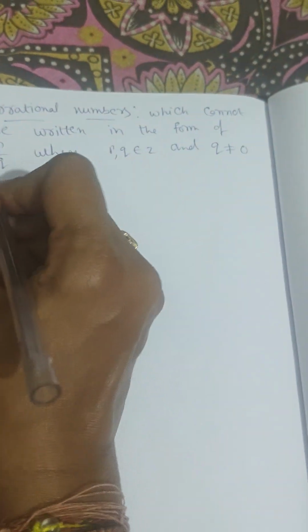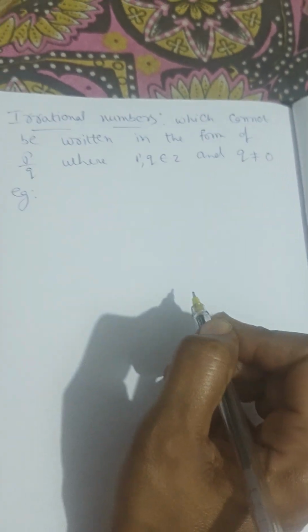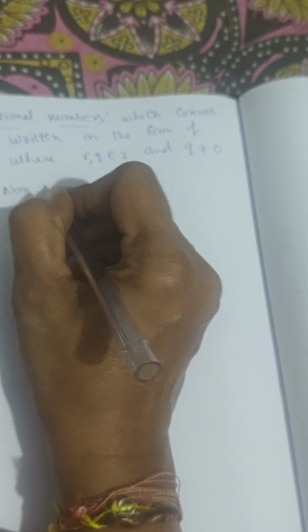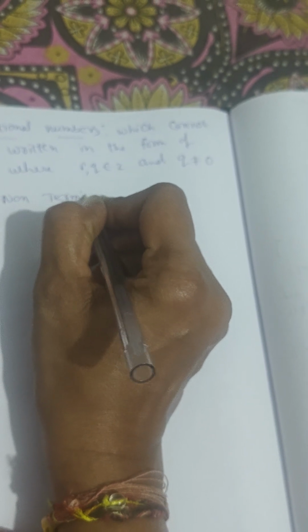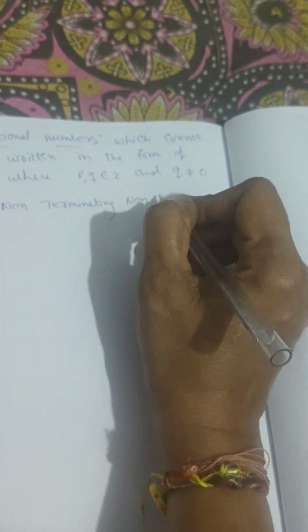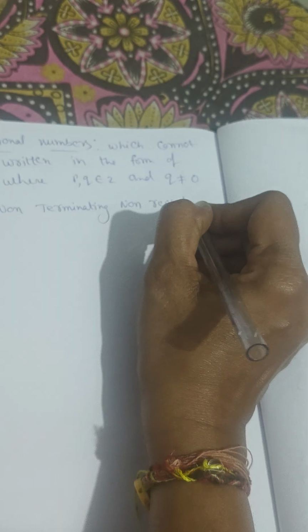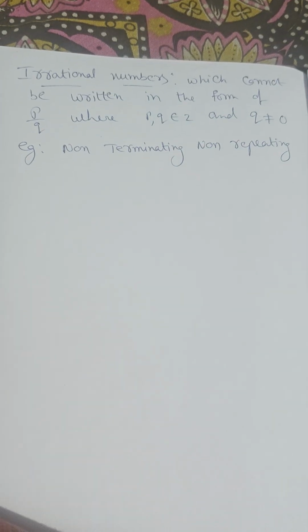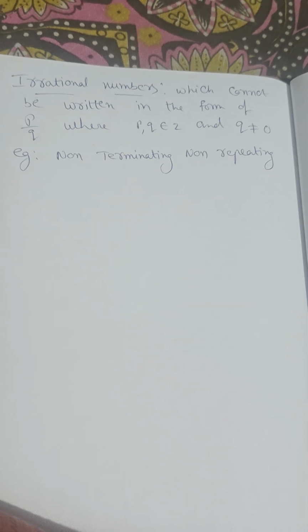Examples of irrational numbers are non-terminating, non-repeating decimals. First of all, do you know, children, how many types of decimals are there? Terminating decimals and non-terminating decimals. We have two types of decimals.